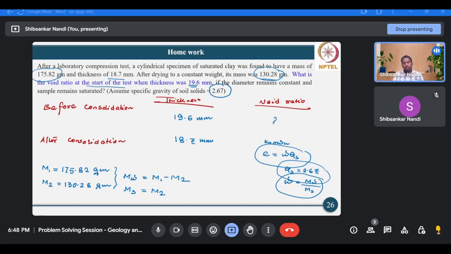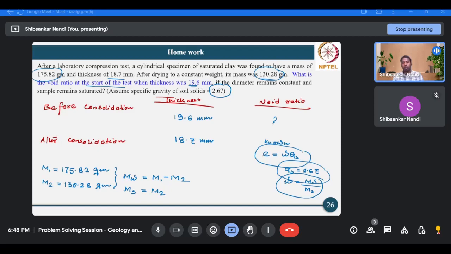This is what we already followed for problem number 4, nothing more than problem 4. Exactly the same thing has to be repeated for this problem.